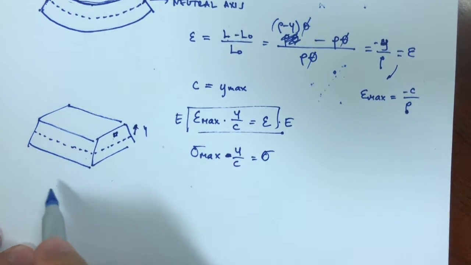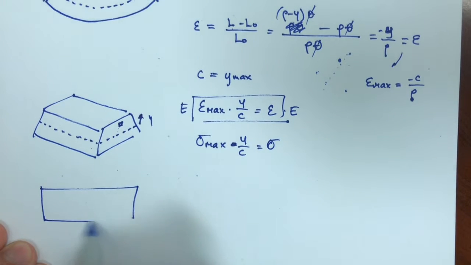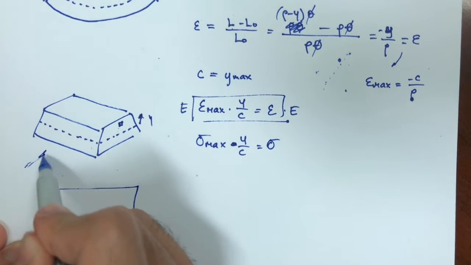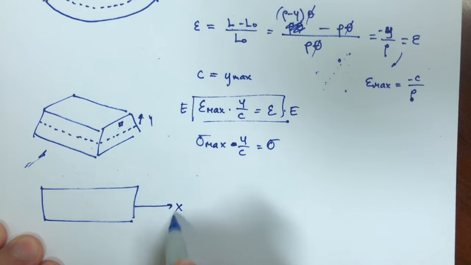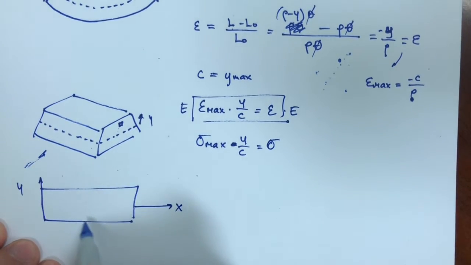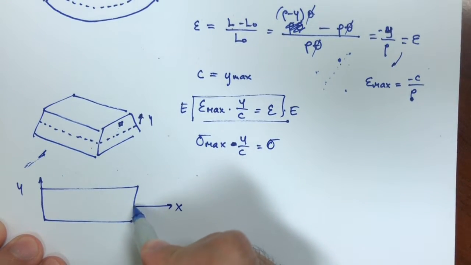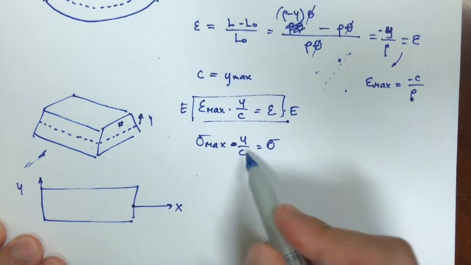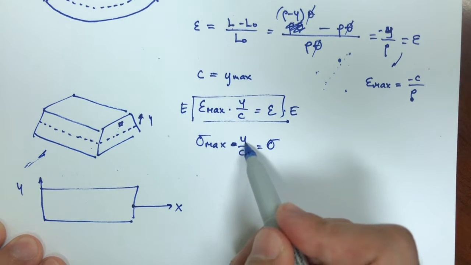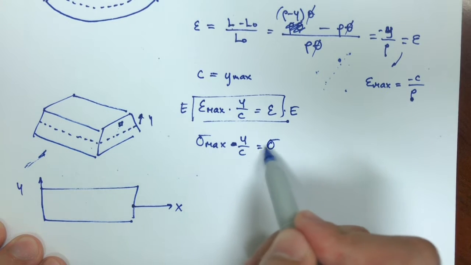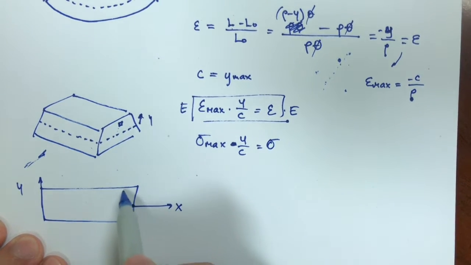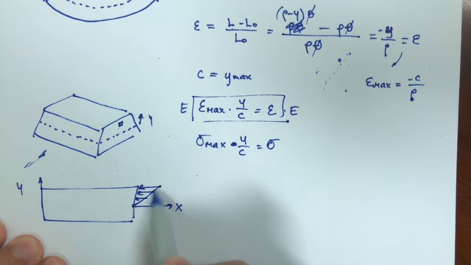And if I'm looking at this from the left, from this view, let's say this is my x-axis and this is my y-axis, what I would see is that on the neutral axis there's no stresses, but again, as I move further away from the neutral axis, up or down, my sigma would increase up to reaching the sigma max. So it would look something like this in a linear fashion, and then if I go down, it would be under tension, so the vectors would go in the opposite direction.